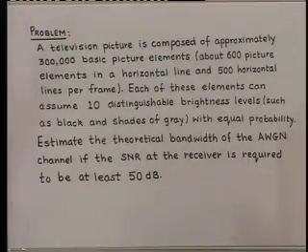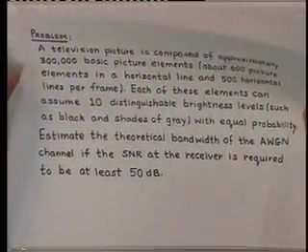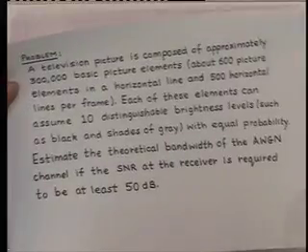Now, we are required to calculate or estimate the theoretical bandwidth of the additive white Gaussian noise channel if the signal to noise ratio at the receiver is required to be at least 50 dB. So, the solution to this problem is as follows.